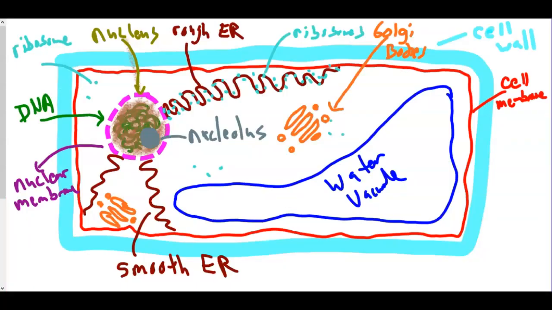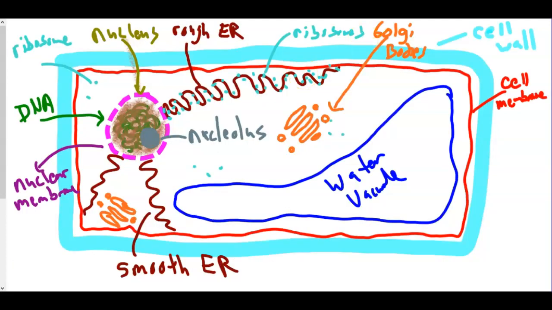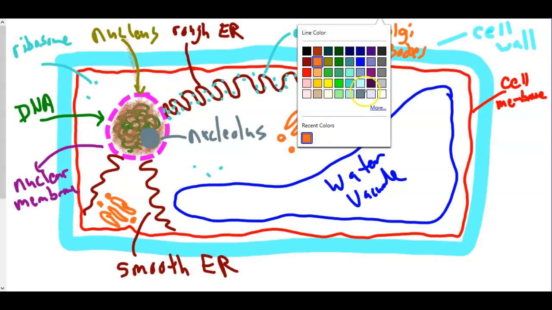Okay, now plant cells, lots of books will say plant cells don't have lysosomes. All right, but some newer research says, hey, they do have lysosomes. So we'll stick one in here. Oops, we don't want to use that same color. Let me back up here. We want a different color here.